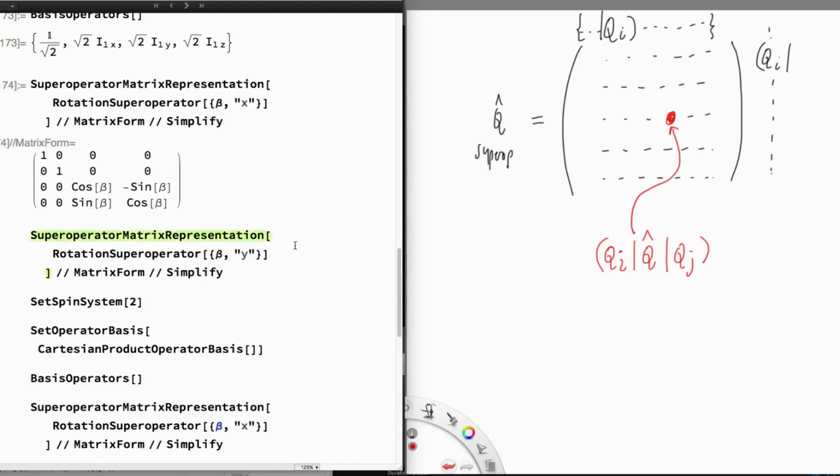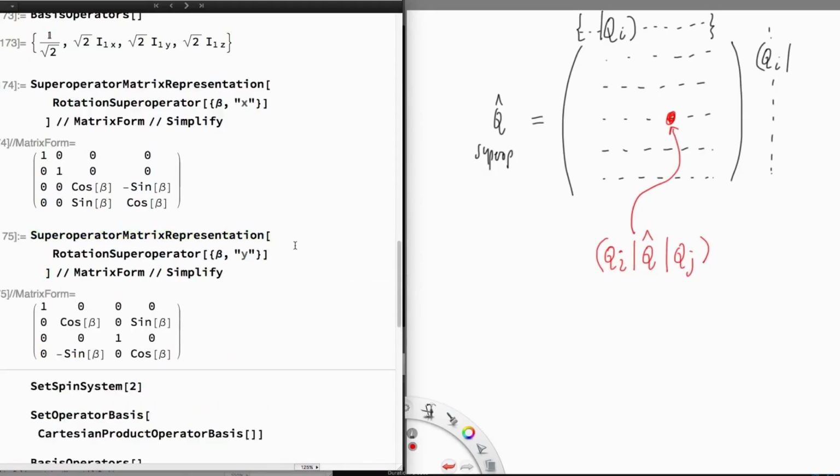If we rotate around the y-axis, then again we get this 3x3 matrix here, which would be the 3x3 matrix involved in the three-dimensional rotation about the y-axis.